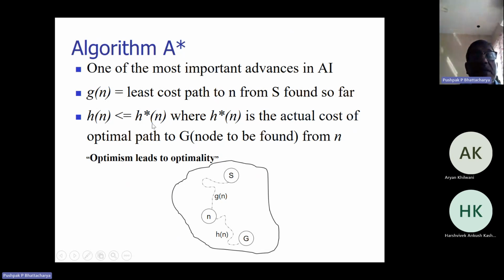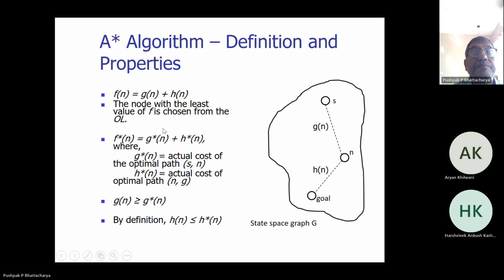You can also see why breadth first search gives you the optimal path: since for breadth first search H is 0, and 0 is always less than the actual cost of the least cost path. And optimism leads to optimality. This will help you remember the property of A star: the heuristic has to be less than or equal to H star.